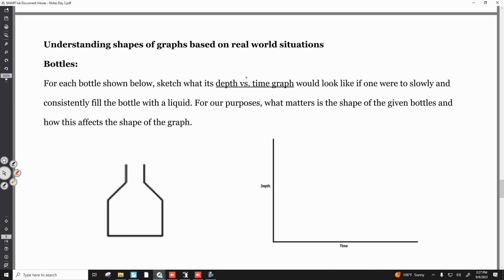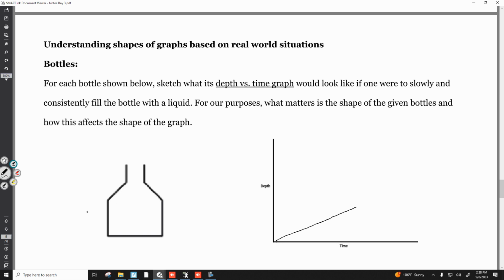What if I had the craziest water bottle in the world that was shaped like this? That was really wide on the bottom, but kind of curved up to the middle. How would the depth change? What kind of graph would that make? If my water bottle looked like this, I would be slow and consistent.